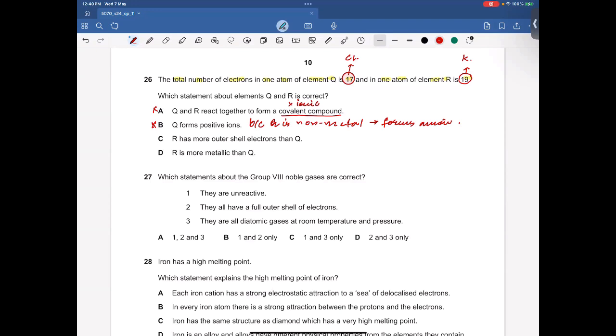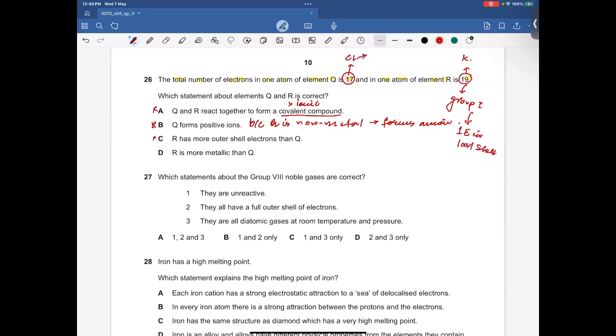R has more outer shell electrons than Q. That's also incorrect because R is found in group 1 of the periodic table, which means it has one valence electron, or one electron in the last shell.